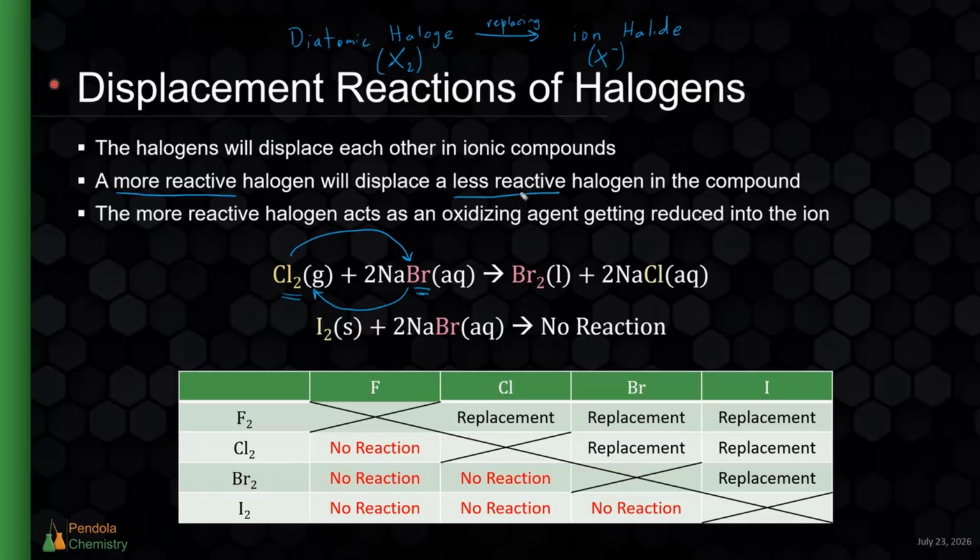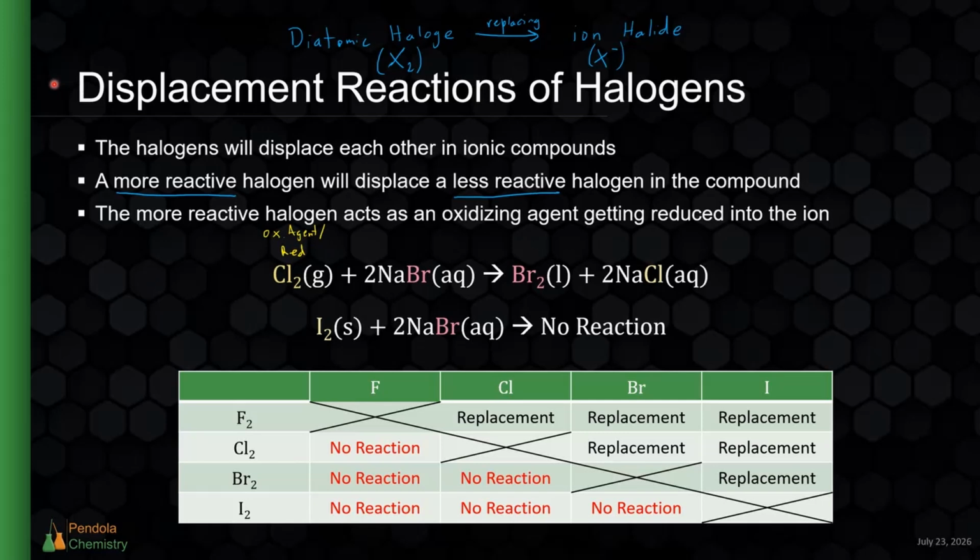So again, the oxidizing agent is the more reactive halogen. So in this case, the chlorine is the oxidizing agent. Actually, let me use the colors that we have here. I'm going to get rid of all these arrows. So the chlorine is going to be the oxidizing agent, meaning it gets reduced, because remember, the word agent means that it's undergoing the opposite.